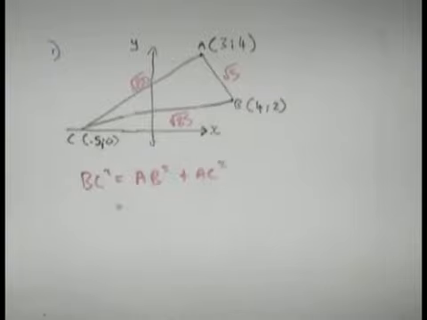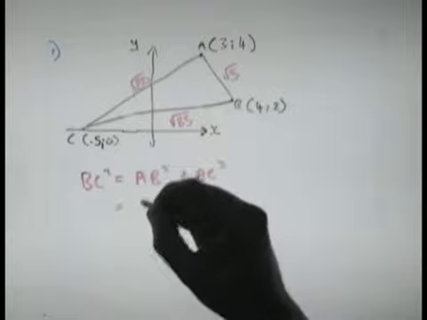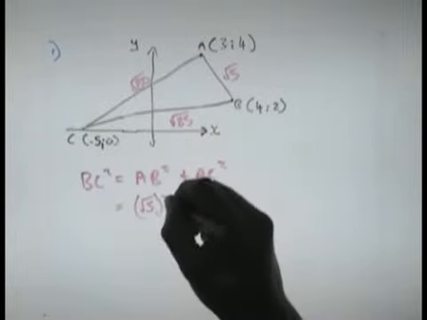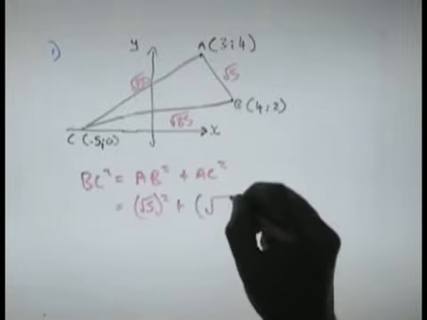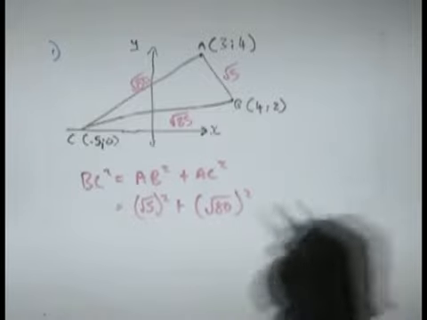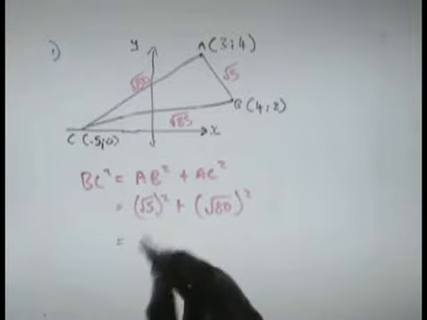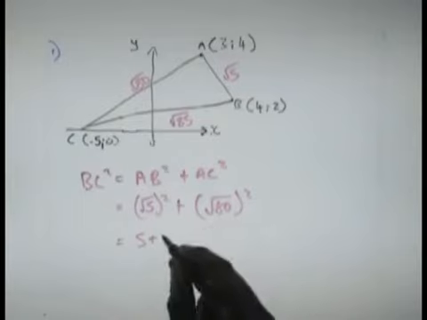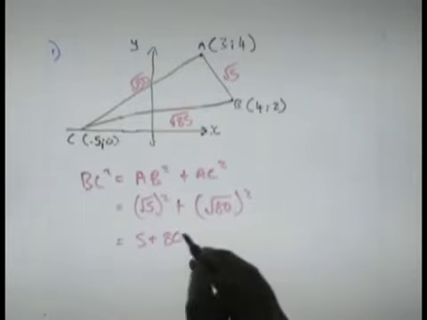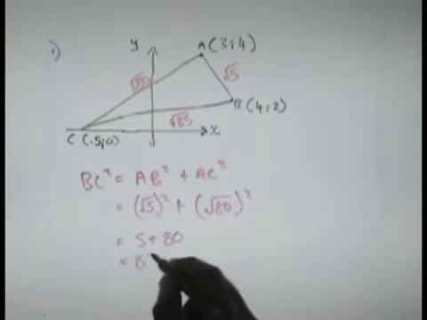Let's see if that holds true. AB squared is root 5 squared plus AC squared is root 80 squared. Root 5 squared is 5, root 80 squared is 80. So that's going to give us 85.